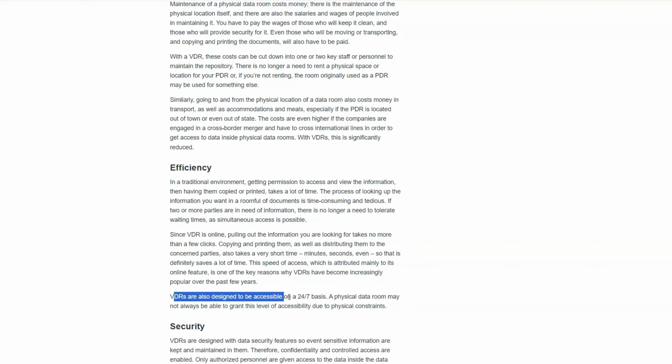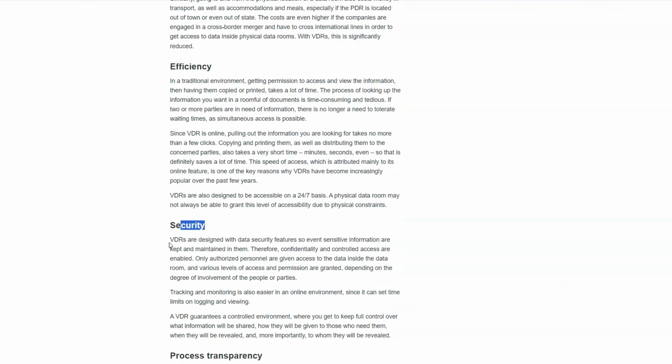A physical data room may not always be able to grant this level of accessibility due to physical constraints. Security. VDRs are designed with data security features so even sensitive information is kept and maintained in them.